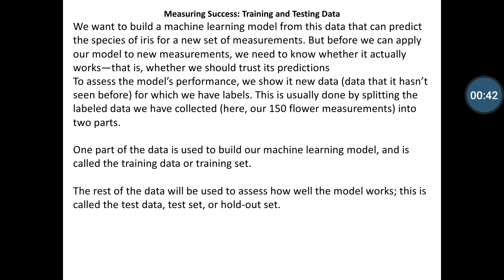First of all, we want to build a machine learning model from this data that can predict the species of iris for a new set of measurements. But before we can apply our model to new measurements, we need to know whether it actually works, that is, whether we should trust its predictions.